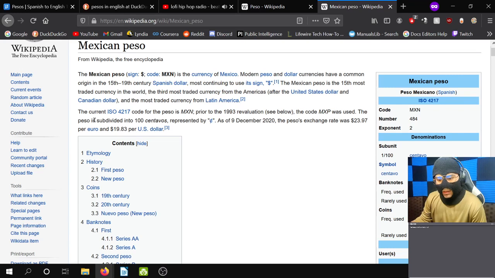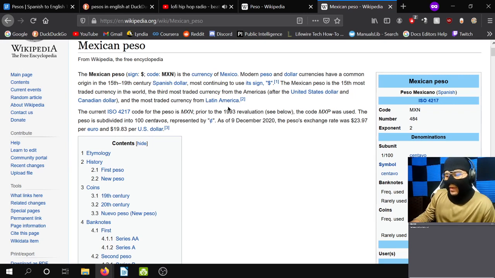The peso is subdivided into 100 centavos, represented by the cent sign. As of 9th December 2020, the peso exchange rate was 23.97 per euro and 97.83 per US dollar. Okay, so it looks like this page is always updated. Not updated today because it's like a day old.